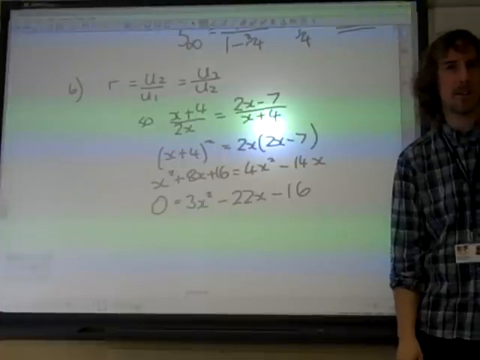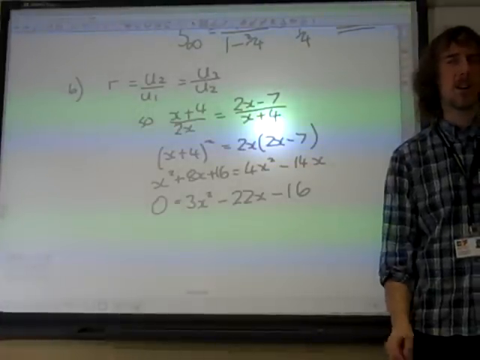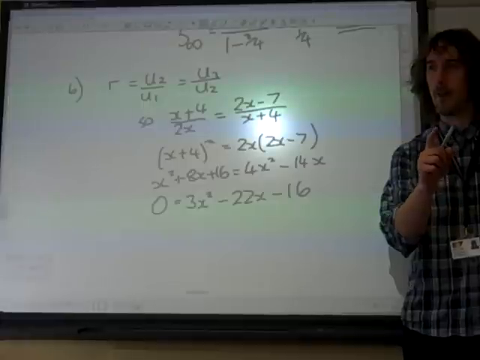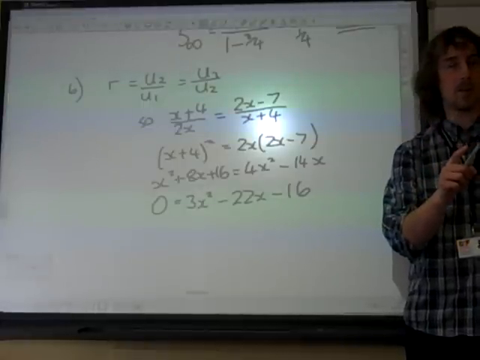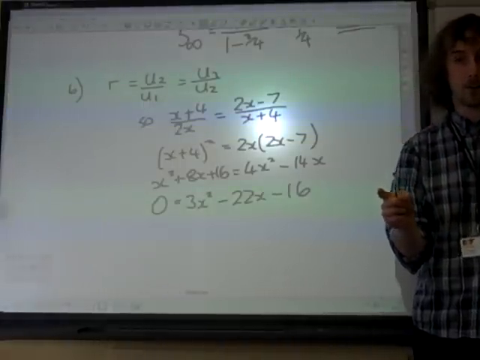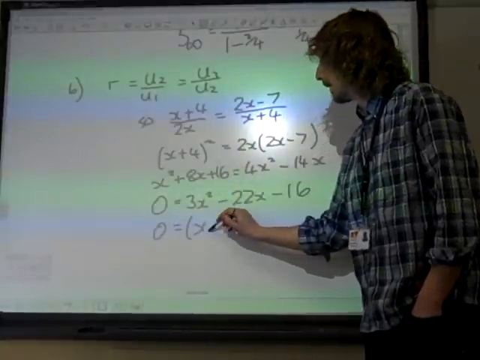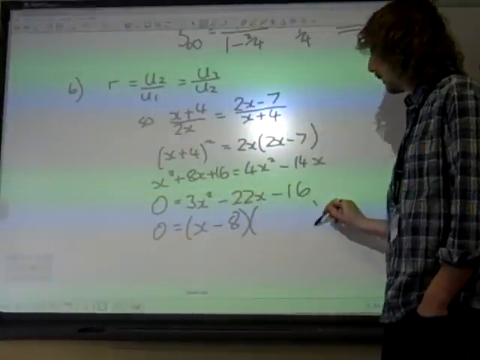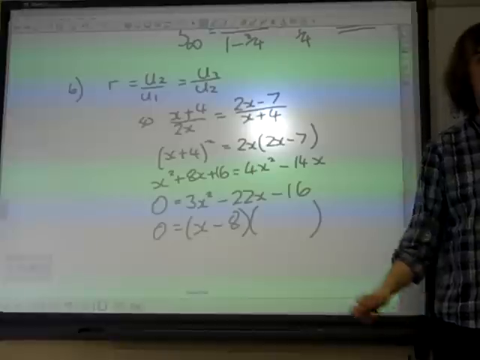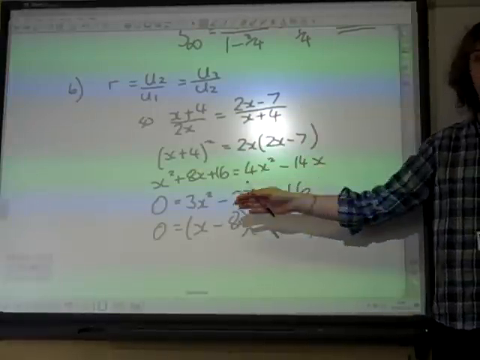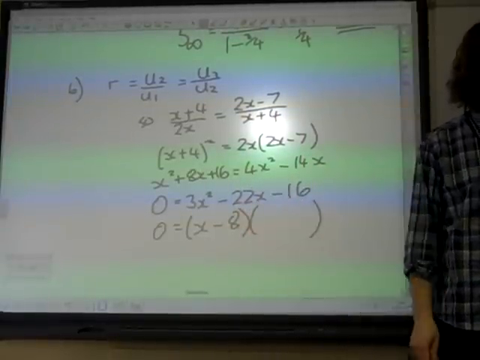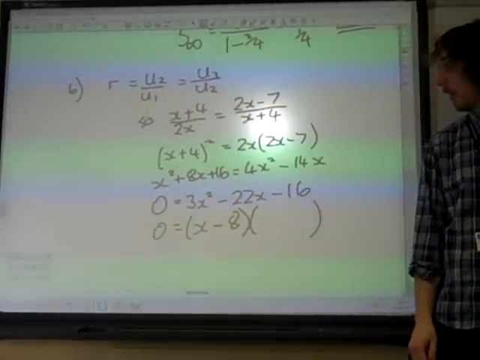Now we need to factorise this. But hang on, it's nowhere near as bad as it seems, because we know that one of the solutions is x equals 8, because that's what the question already told us. So one of the brackets has to be x minus 8. If it isn't, then we've done something wrong to get to this part, because the question had told us that a common ratio of x equals 8 fitted.